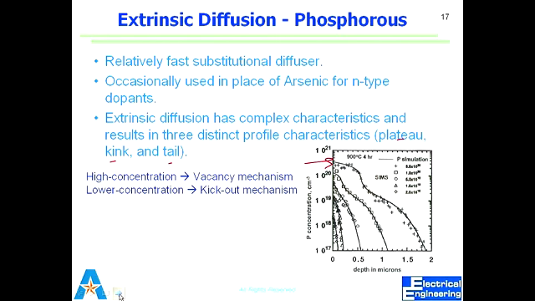Phosphorus is also fast, but it's used for n-type. It has complex characteristics, and you can see that. It goes like this, falls down, then goes.